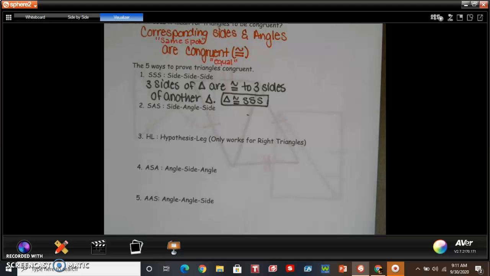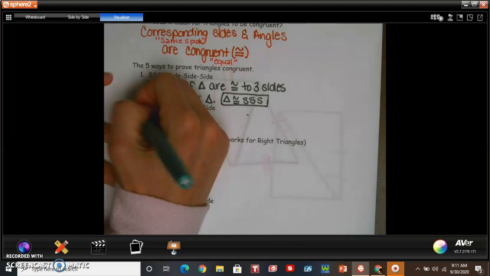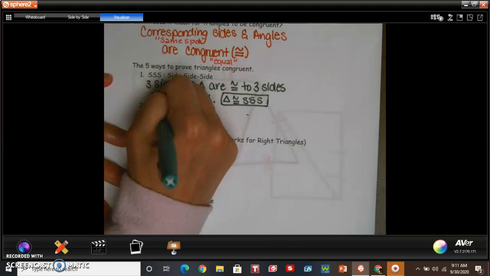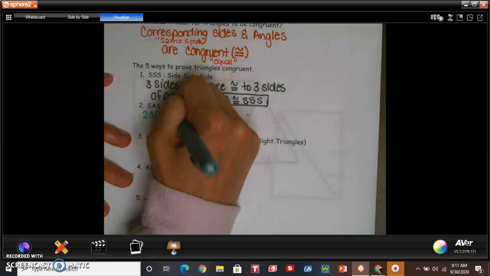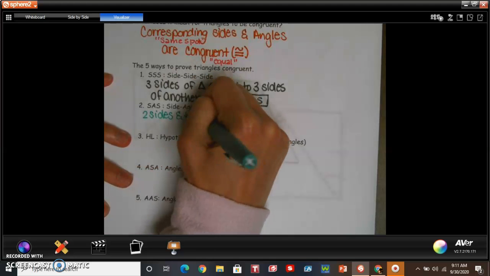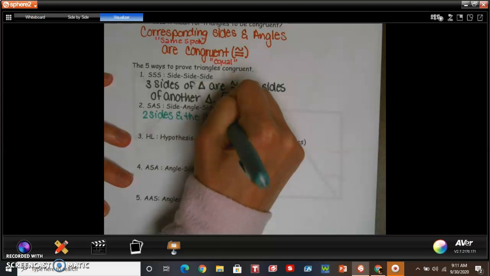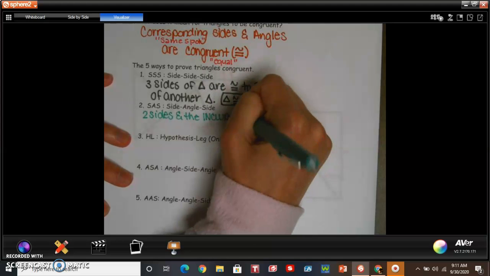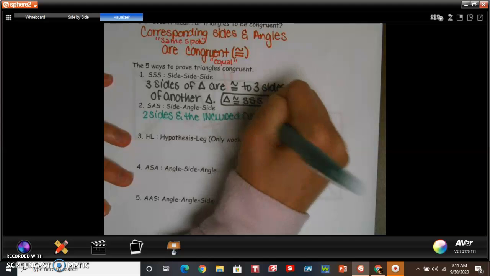So here we go for side, angle, side. This is whenever you have 2 sides and the included angle. Now, included means it's going to be between them, okay?